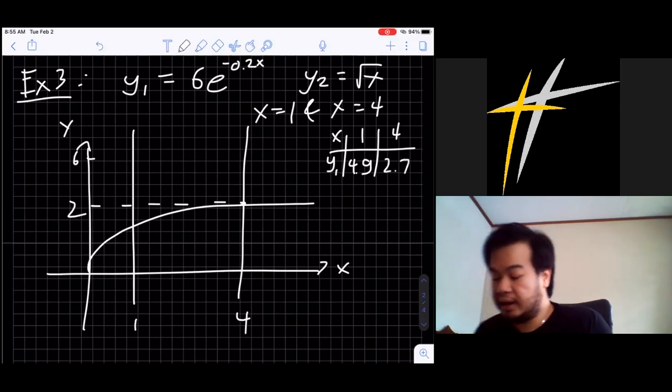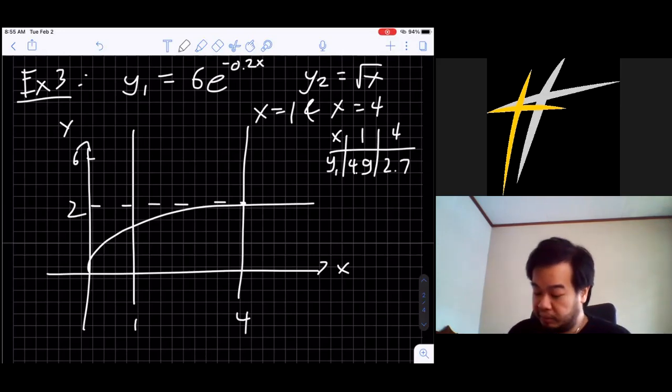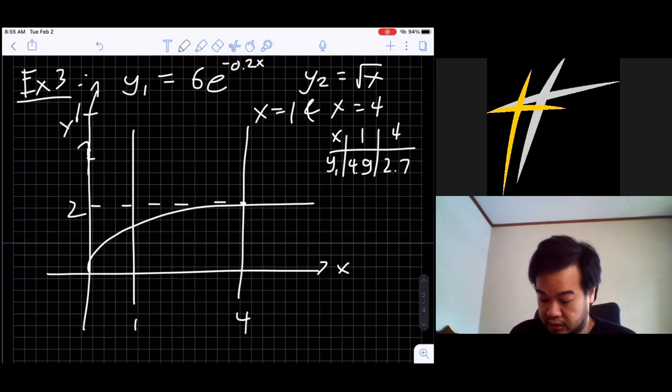So until x equals 4, the exponential is still above the square root. This sketch is not really accurate. Let's say 6 is here, so it's supposed to look kind of like this.